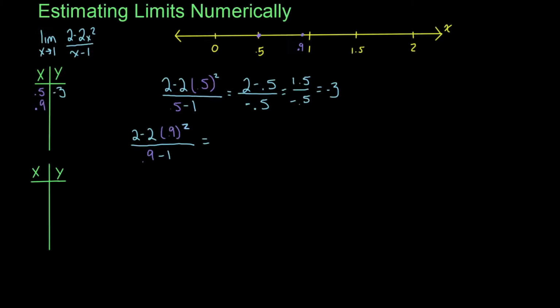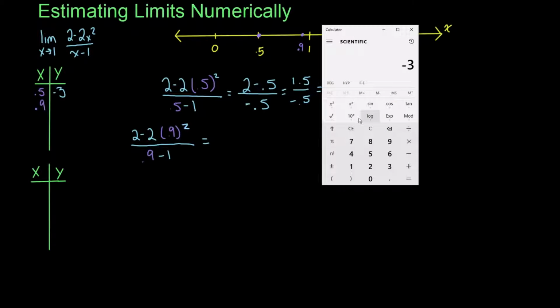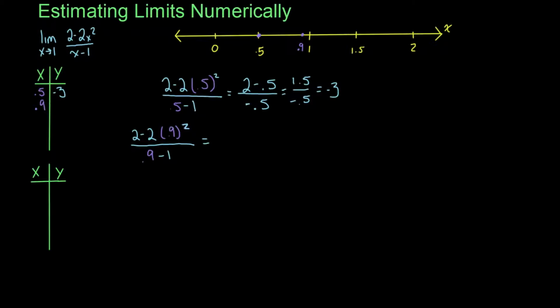So 0.9 squared equals 0.81, times 2 equals 1.62. So we have 2 minus 1.62, divided by 0.9 minus 1, which is negative 0.1, sorry about that.